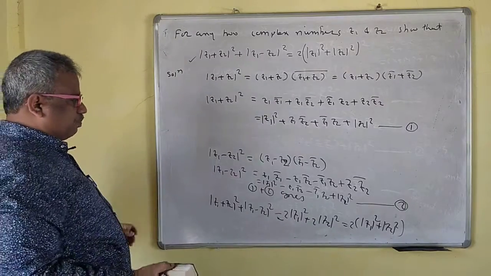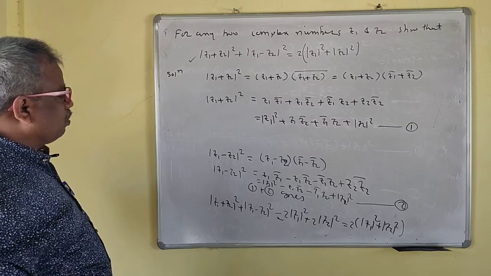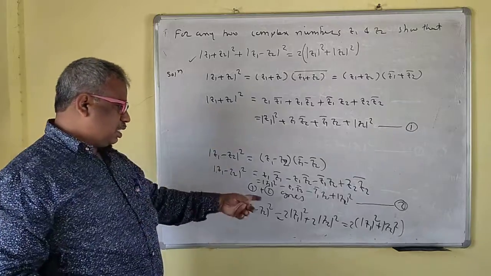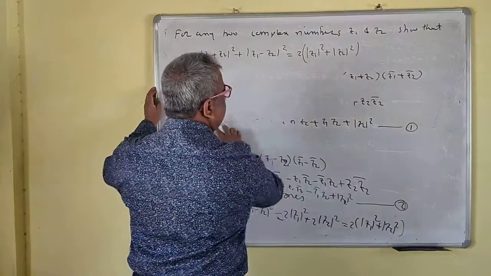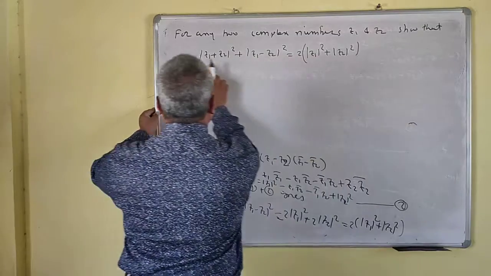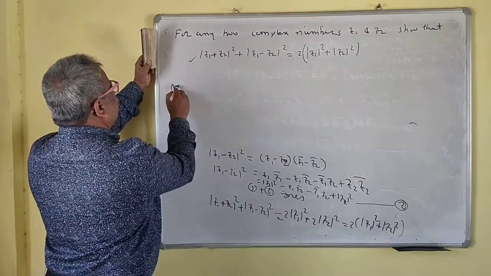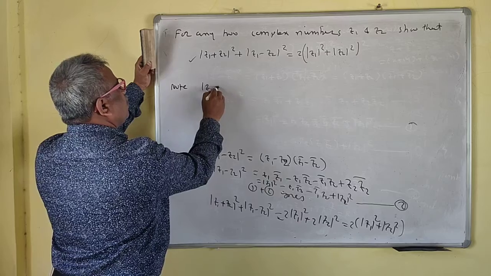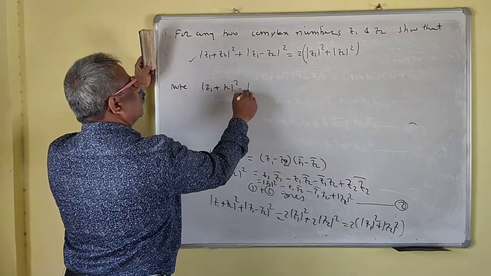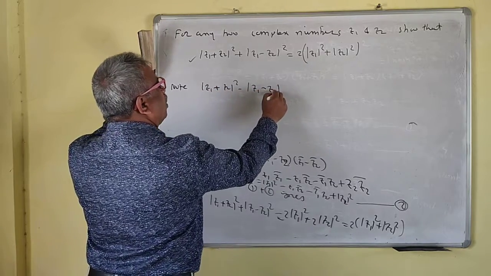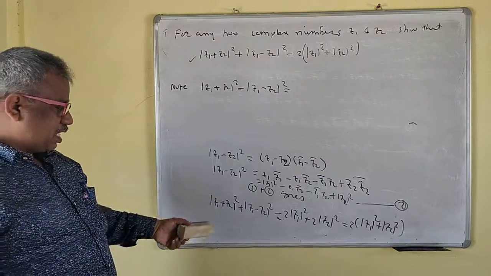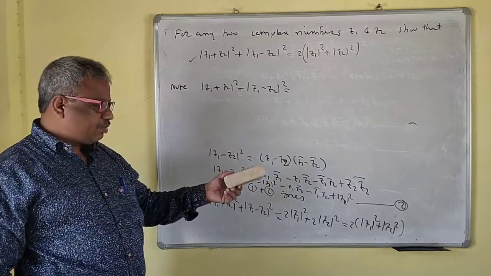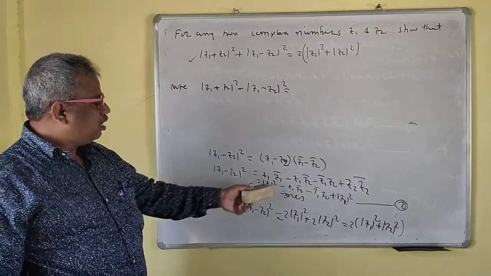Now if you do the subtraction, then what happens? We will write this as a note. This is not part of the problem, but it gives a solution in case they ask like this. If you subtract, mod z1 square and mod z2 square get cancelled, and the cross terms become plus.